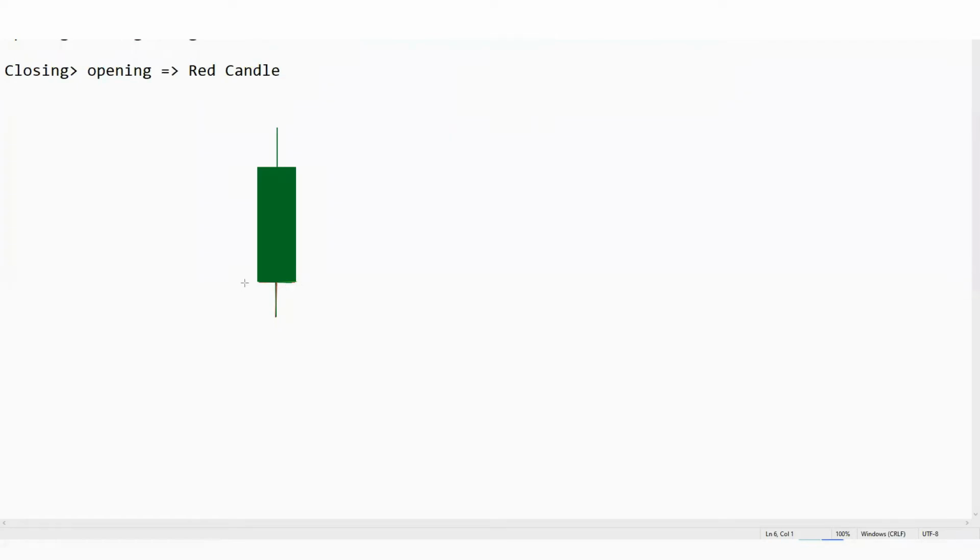First of all, whenever the market opens over here, the sellers try to sell it, but after that the buyers again push the market up, up, up, and after that it moves down from this level.